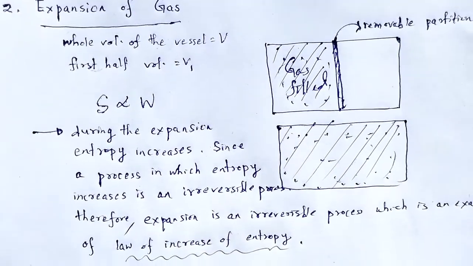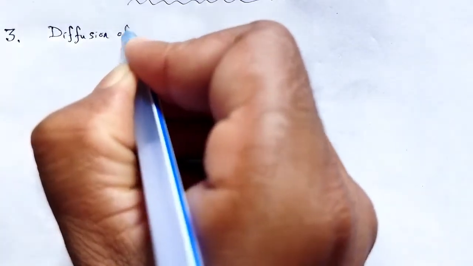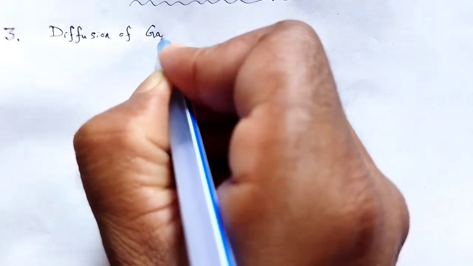Next example of law of increase of entropy, example number 3, that is the diffusion of gases.